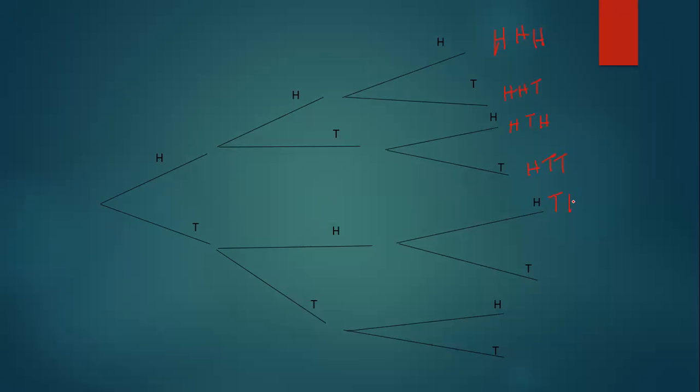Then we shall have tail, head, head, then tail, head, tail, and tail, tail, head, and then lastly tail, tail, and what? Tail. So this will be our sample space, which we can write here.